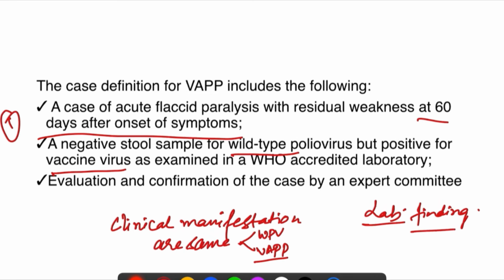In the case of wild poliovirus, we will find the wild poliovirus in the stool sample, and in the case of vaccine-associated paralytic polio, we will find the vaccine virus during lab testing. Otherwise, clinically, we will not be able to differentiate whether the paralysis is caused by the vaccine virus or the wild poliovirus.